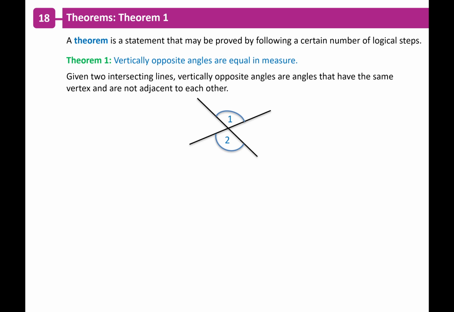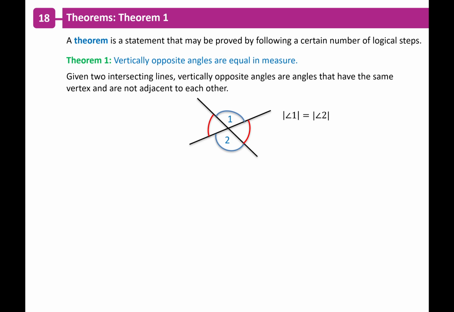Here we have angle 1 and angle 2. These angles are opposite each other. Because they are vertically opposite angles, we say that they are equal in size. This means that angle 1 is equal to angle 2. Can you see any more vertically opposite angles in this diagram? Let's look at these two angles.